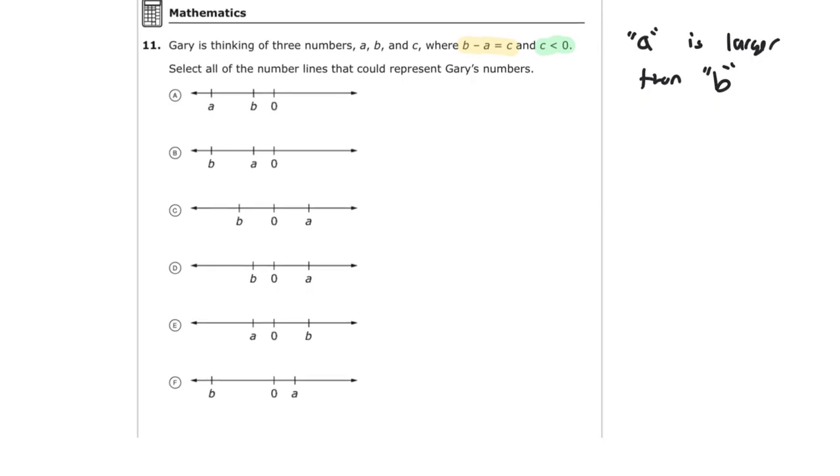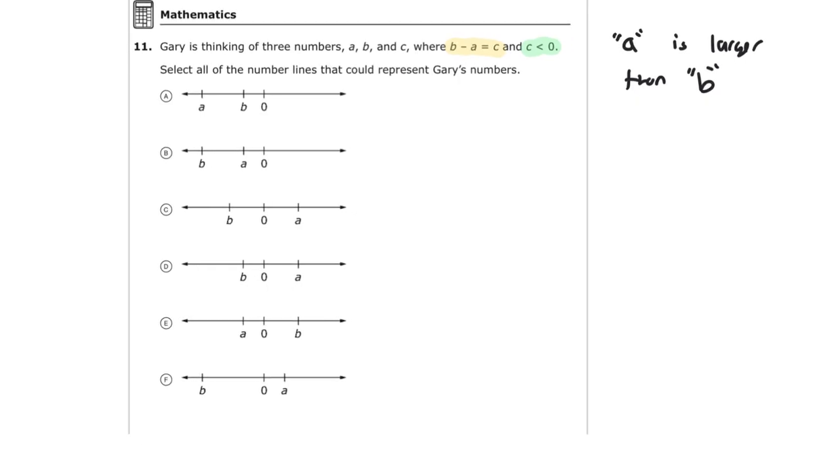So A is definitely larger than B. And another way of saying that is that A is to the right of B on the number line.